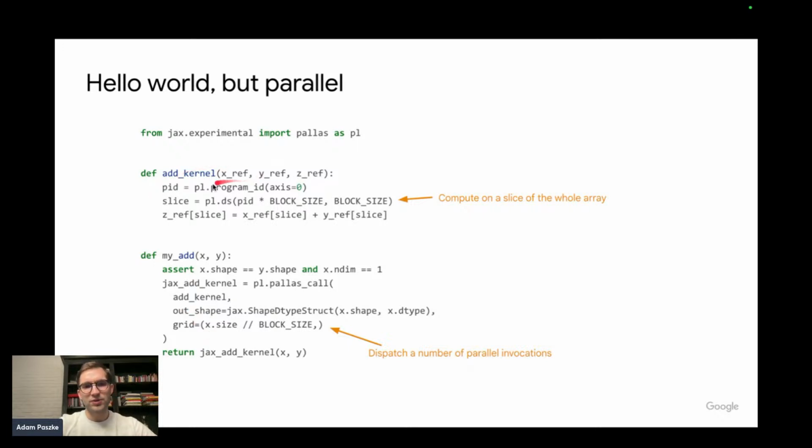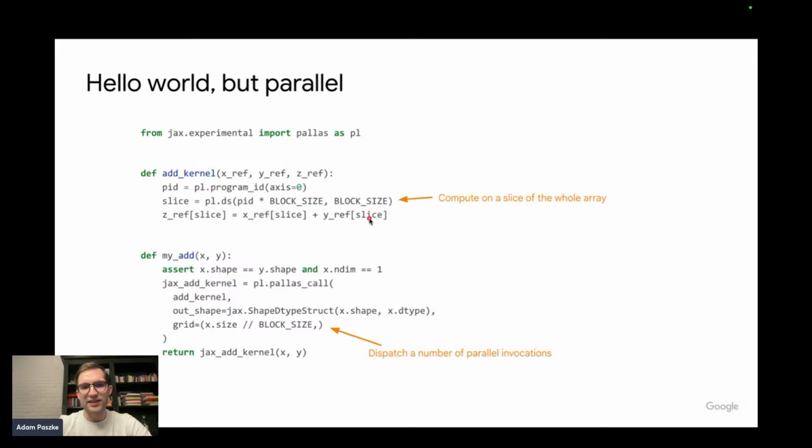We also modify the program so that we query which program we are. Since the grid is 1D, we just say, give me which program I am along the first axis. We construct a slice object. The DS is just syntax sugar for dynamic slice. Essentially, it says start at PID times block size and take exactly block size elements.